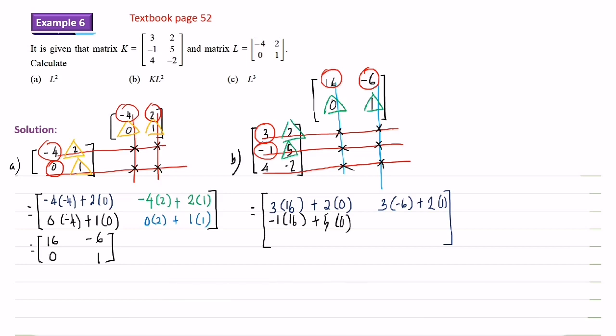Second row, second column. So first number is negative 1 times negative 6 plus 5 times 1. For the third row, also 4 times 16 plus negative 2 times 0, and 4 times negative 6 plus negative 2 times 1.